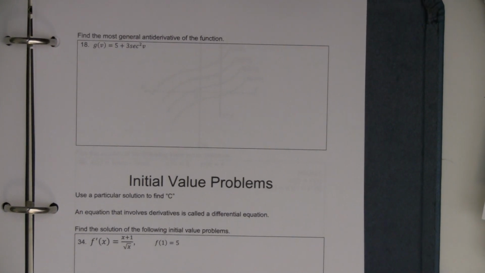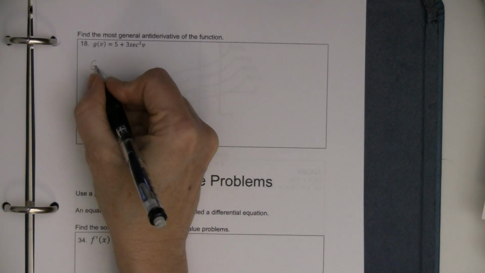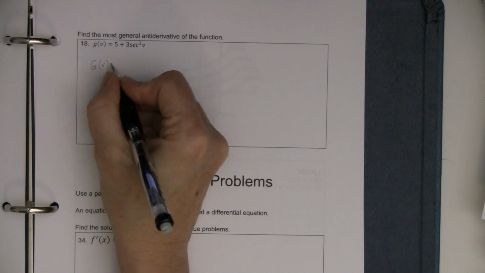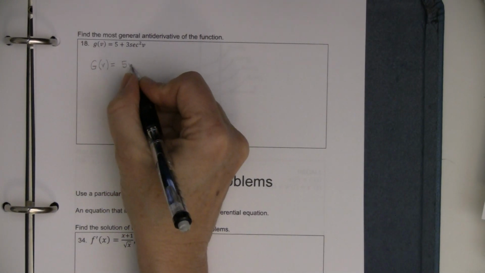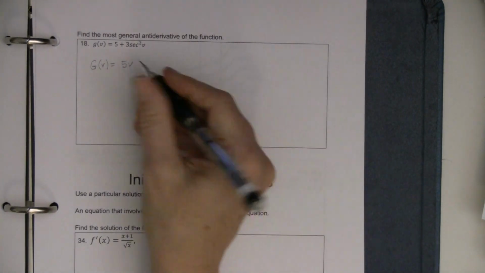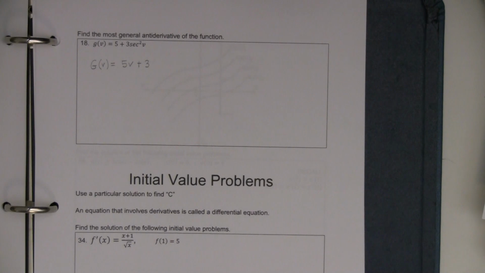Okay, so this one here is asking us to find the most general antiderivative. They called that G of v. The antiderivative of 5 is 5v, because the variable they're using is v. And the 3 holds still. And I'm trying to think of something that when I take the derivative of it, I get secant squared.